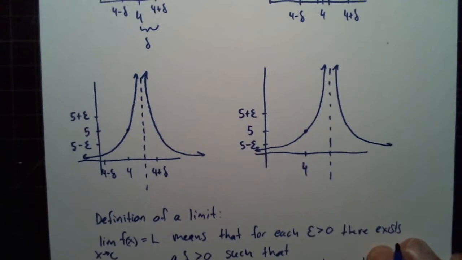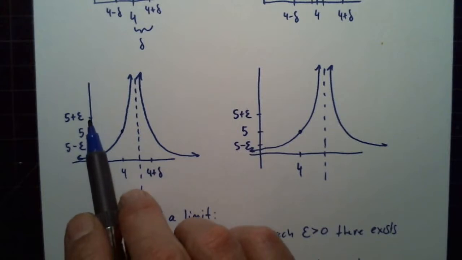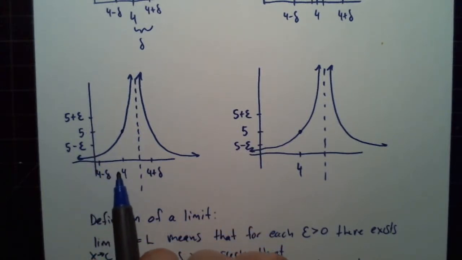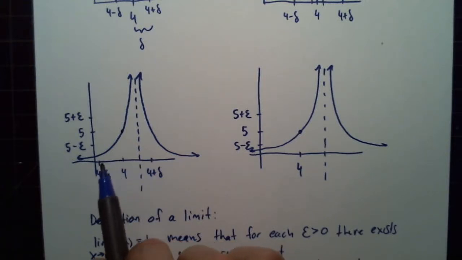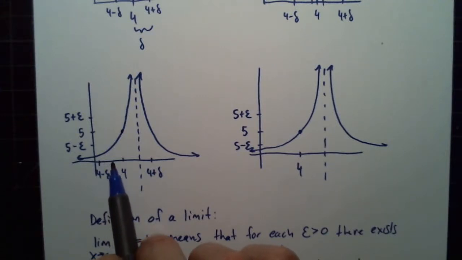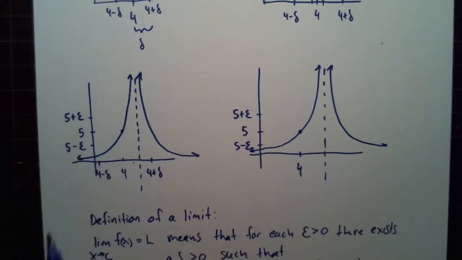And here we have another example. Here we have a different graph, and here's the x value and the y value. We've chosen an epsilon, and then we've chosen the delta. For this epsilon, we've chosen this delta, and is every x value within this interval going to have a y value within epsilon of 5?